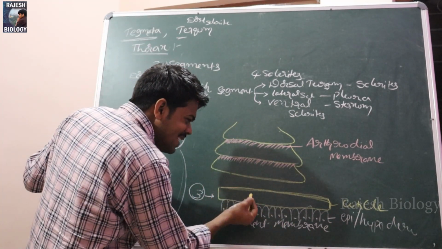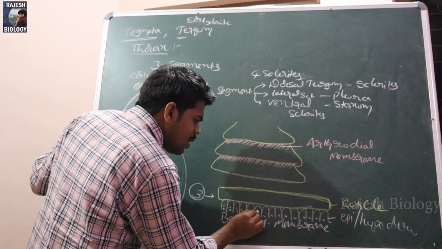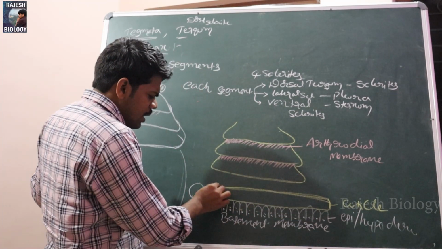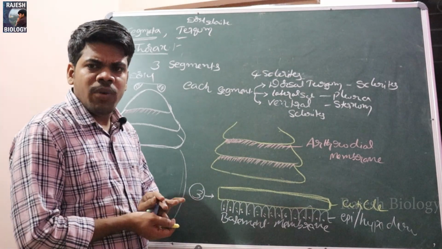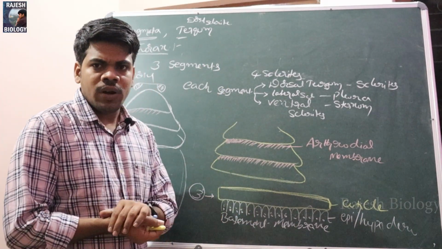Because the cuticle is secreted by these columnar epithelial cells. These are the three structures common for the entire body wall. It is the structure of the body wall.